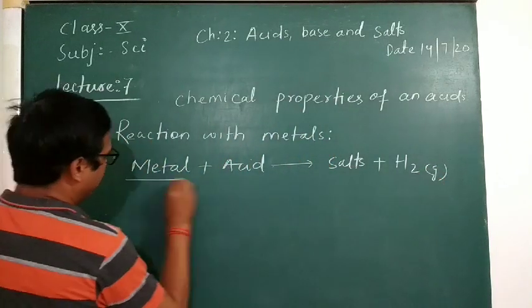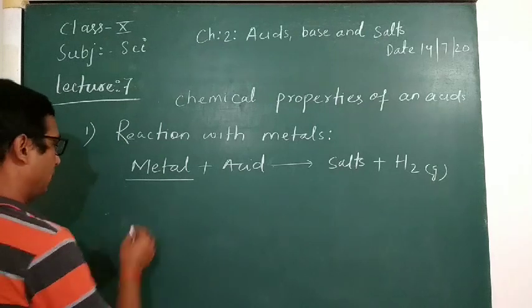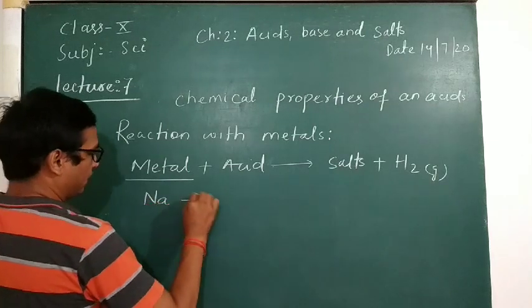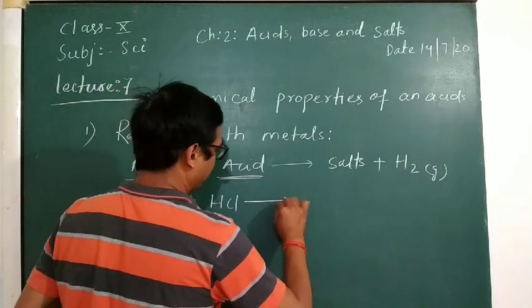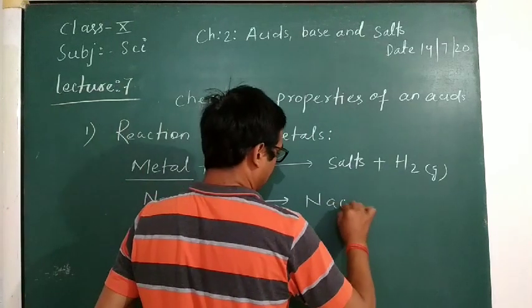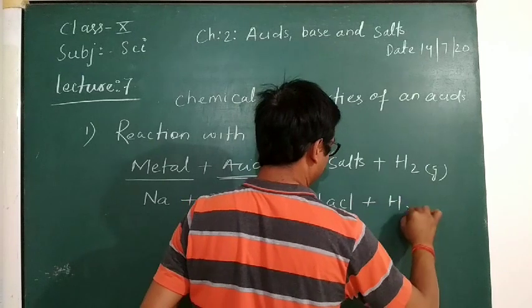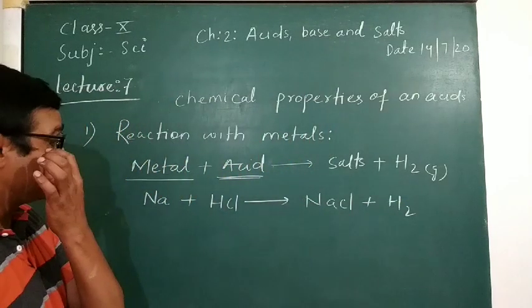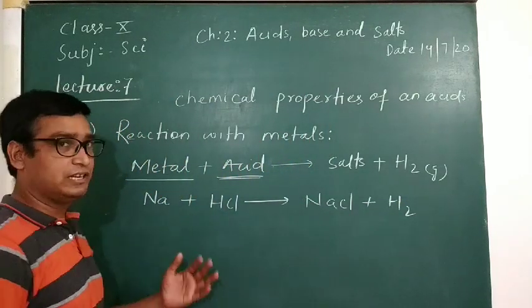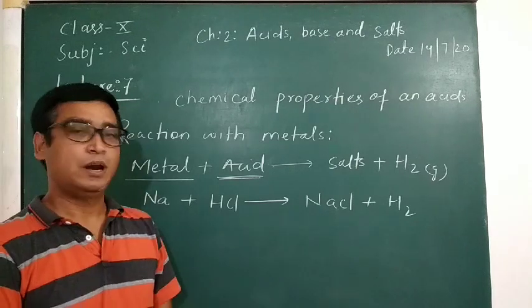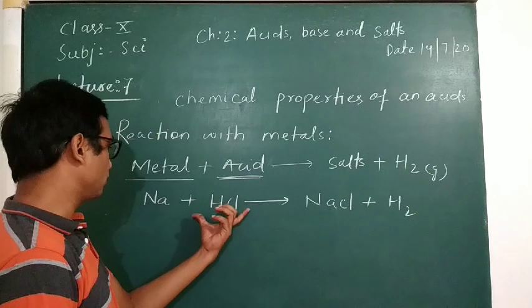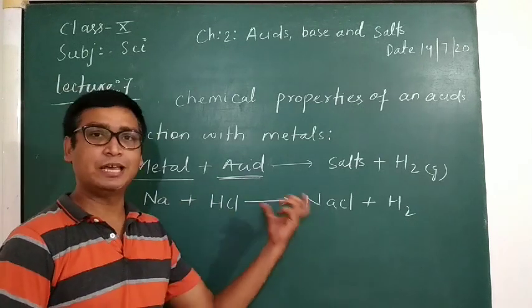We can take any metal, like sodium. If we are taking sodium, then the acid as HCl gives NaCl plus H2. Now we need to balance it. You know that in the first chapter we discussed how to balance these. The number of atoms on both sides should be equal.